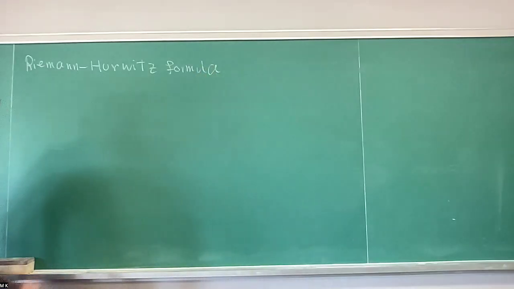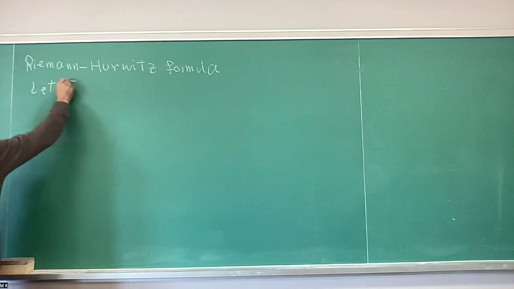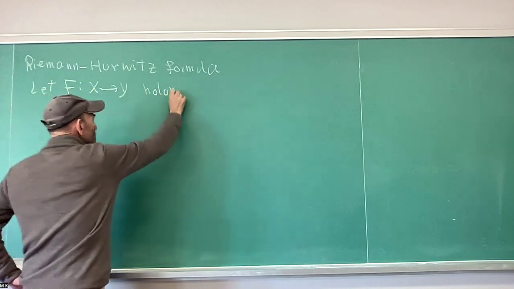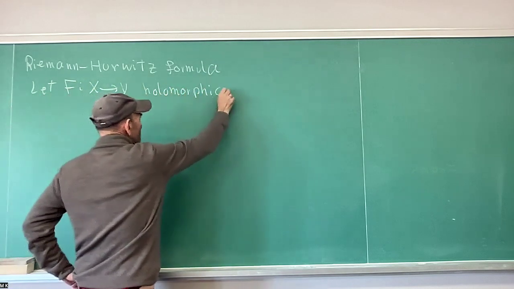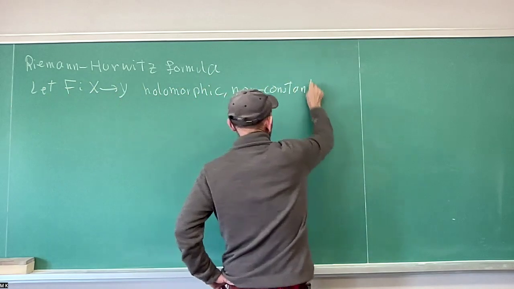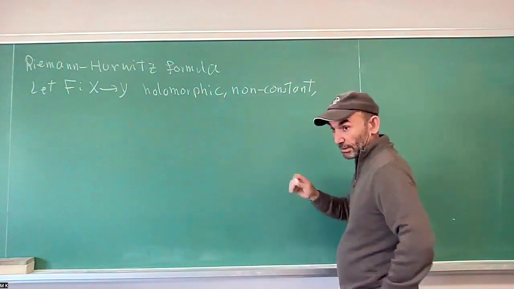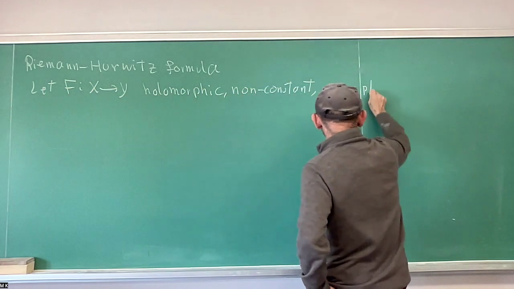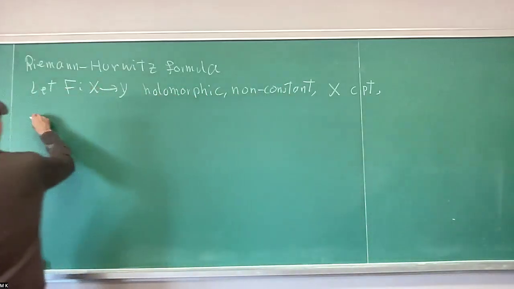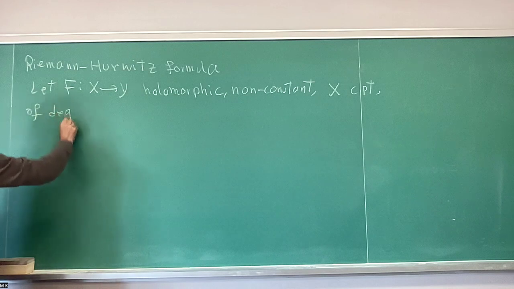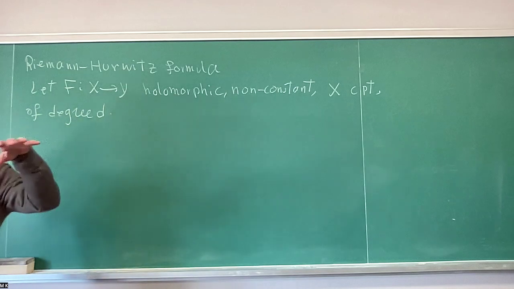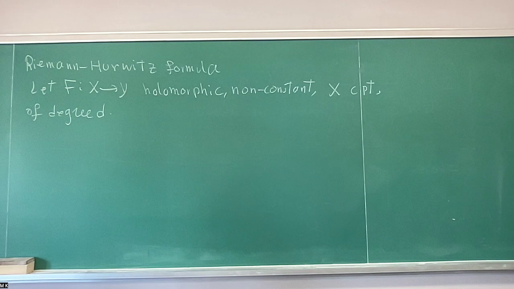So what is the formula? It just says let f from X to Y be holomorphic, non-constant, and X a compact Riemann surface, of degree D. So you have a degree D map from this Riemann surface to the target Riemann surface that is holomorphic and non-constant.